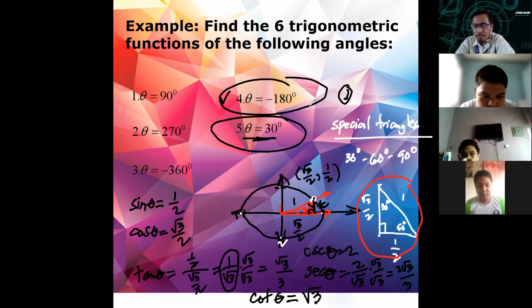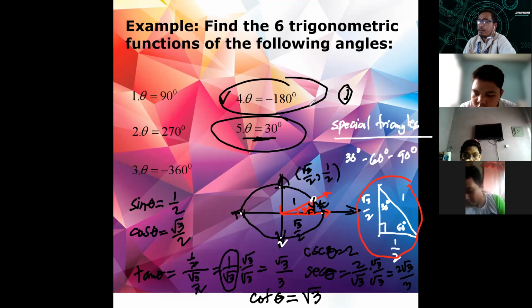Good question. And we also have what we call the quadrant angles, which we use if the angle is not 30, 90, or 45.